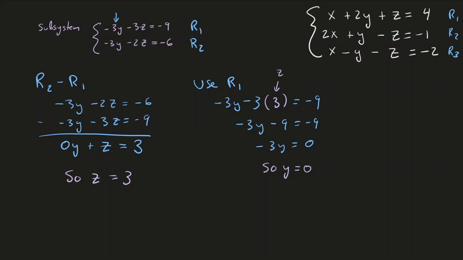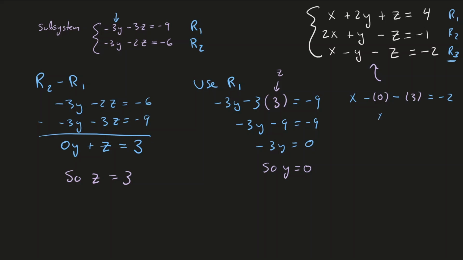So I've moved our original system here. The original system gives us 3 equations in terms of x, y, and z. And you can use any of them to figure out what x has to be. I'm going to use row 3 of the original equation here. So that one will give us x minus, we know that y is 0, minus, we know that z is 3, and we know that this has to equal negative 2.